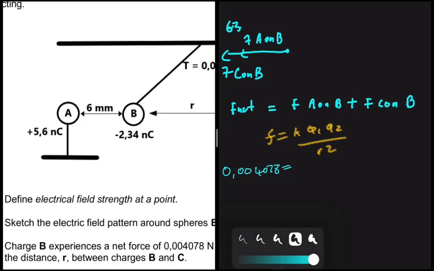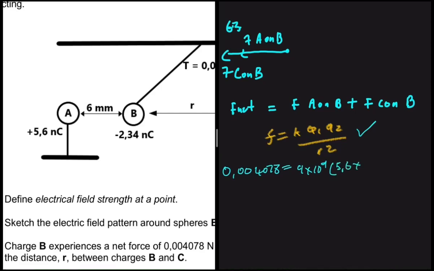So we're going to substitute in this formula. That will be K. K is a constant, 9 times 10 to the power 9 multiplied by Q1. So we can take Q1 as A, which is 5.6 times 10 to the minus 9 multiplied by Q2, which is B in this instance, 2.34 times 10 to the minus 9.